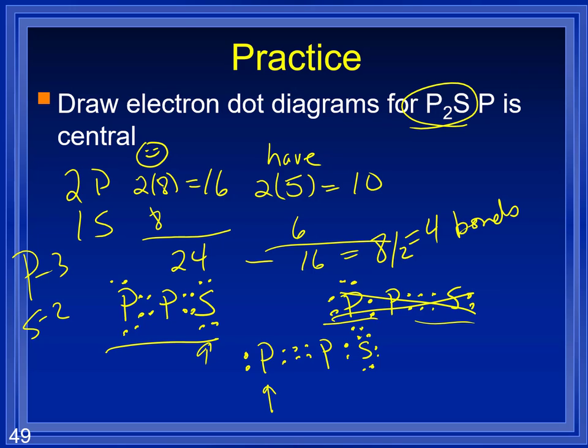Here, the sulfur has the right number of bonds. Here, the phosphorus has the right number of bonds. And this one, none of them had the right number of bonds. This sulfur had 3. Sulfur doesn't want 3. This phosphorus had 4. Doesn't want 4. This phosphorus had only 1. And it wants 3. So none were the right size. Does that make sense?